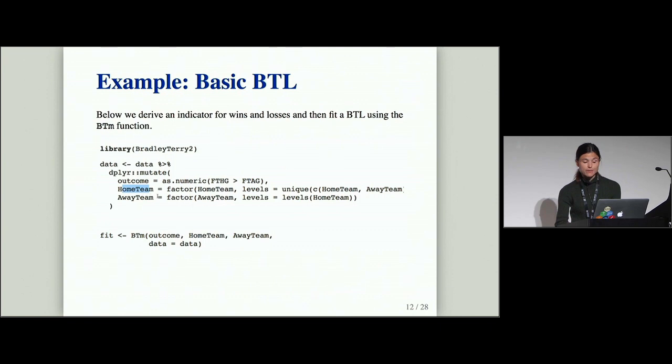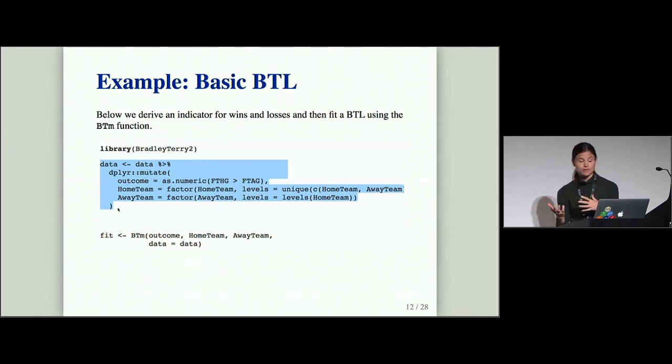Then the home team variable, we convert into a factor and make sure that it has all of the levels represented among the unique instances of the home team and away team. Once I've done that, I can assign the away team factor the same levels that the home team has. Here I'm using dplyr for these manipulations.